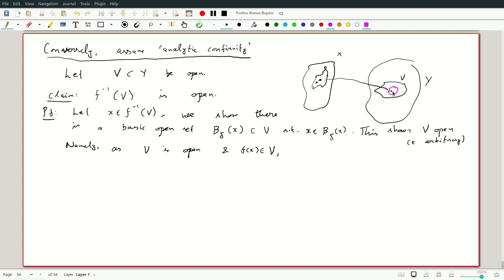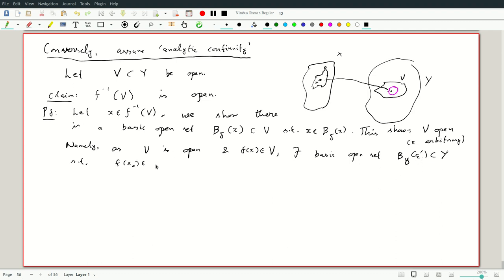What we know is that there is a ball with some center which contains V, and f of x belongs to V. There exists a basic open set, a ball centered at some point y with radius epsilon prime.